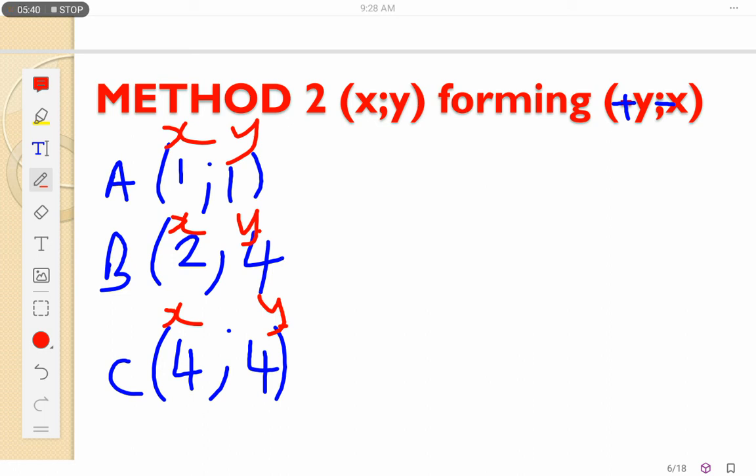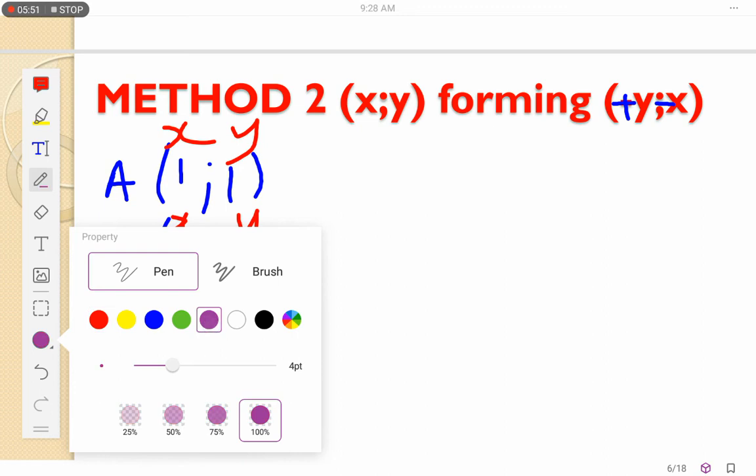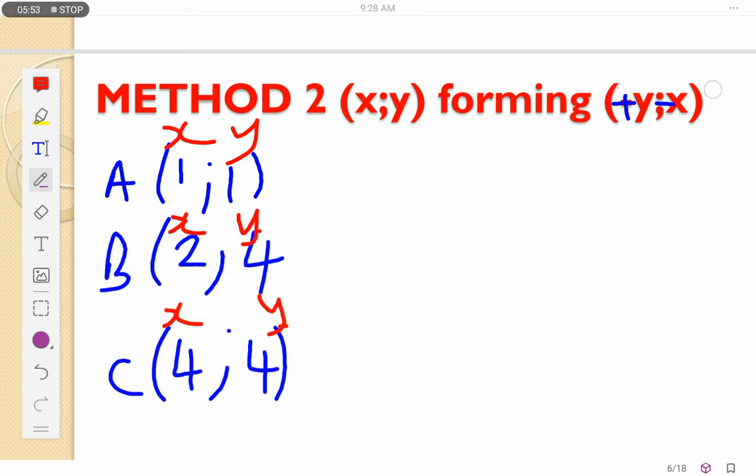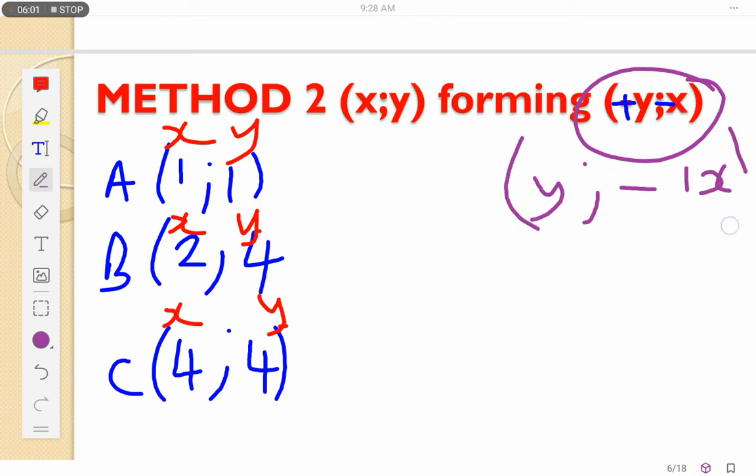So what we do when we are rotating through 90 degrees is the x value will interchange with the y value. Then when they interchange, our x value is now multiplied by -1. So at the end of the day, our final form is (y, -1 times x).